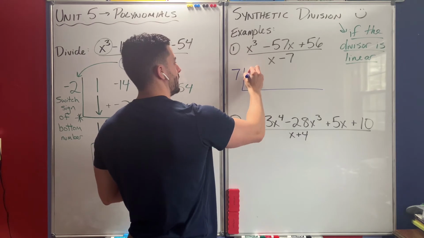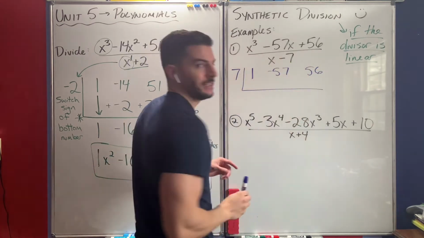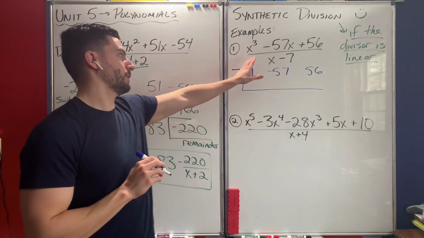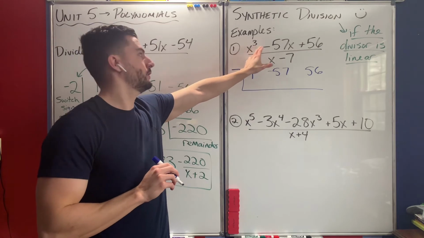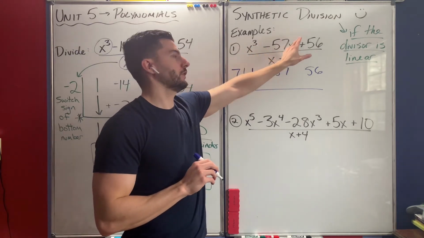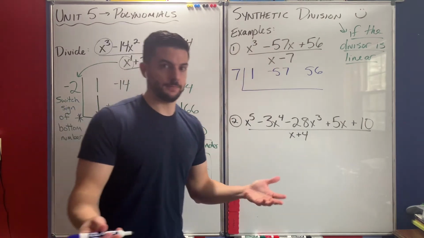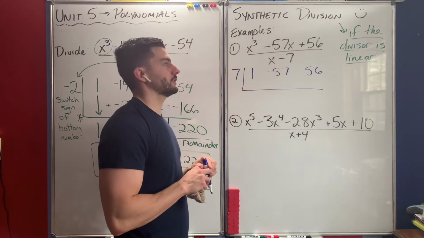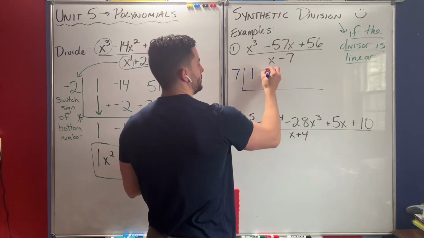Now you might think, I have 1, negative 57, and 56. But if you look at your x's, this is really important, and it's really easy to miss. x cubed, that's a 3 exponent. And then it goes right to x to the first, a 1 exponent. We don't have an x squared term. What we would actually say is that it was 0x squared.